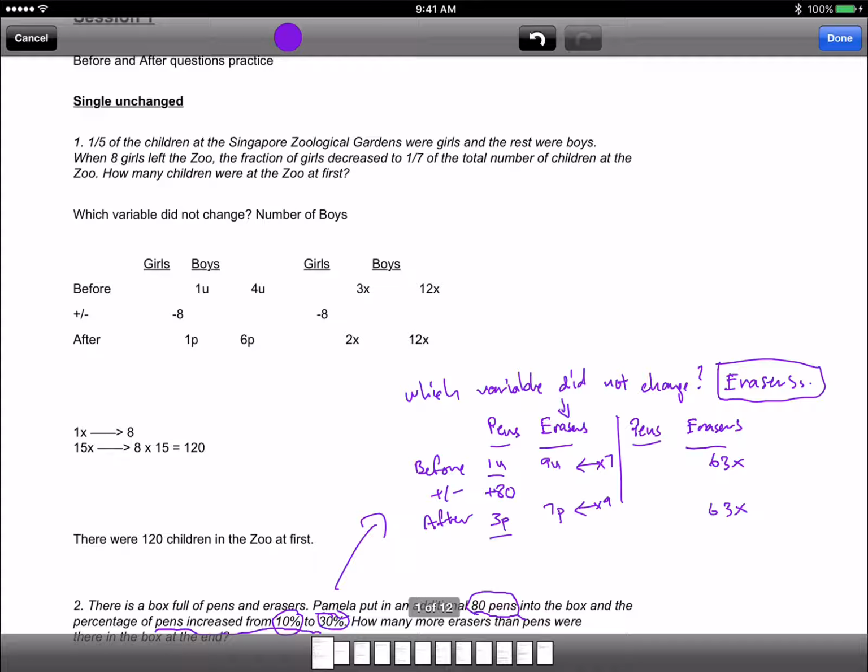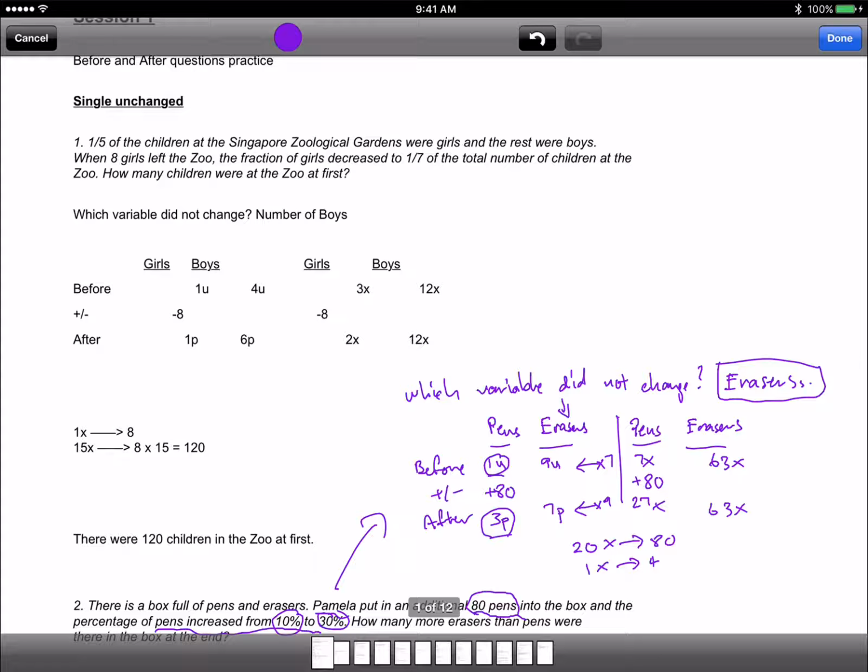So the number of pens eventually I'll get 7x, because 1 times 7 is 7, and 3 times 9 is 27x over here. And I know I added 80 pens. Now from here immediately I can deduce that 20x represents 80 pens. So 1x has got to be 4.